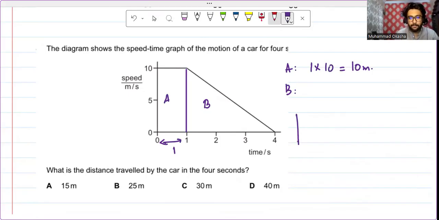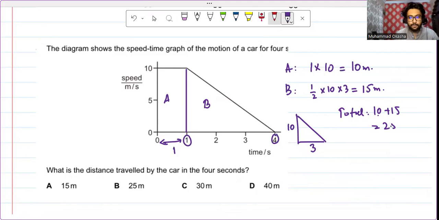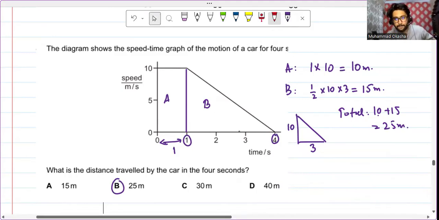B is a triangle, and the base starts at 1, ends at 4, so the base is 3, and the height is 10. So 1 by 2 multiplied by 10 multiplied by 3 is going to be 15 meters. Total area is equal to 10 plus 15, which is 25 meters. So B is your answer.